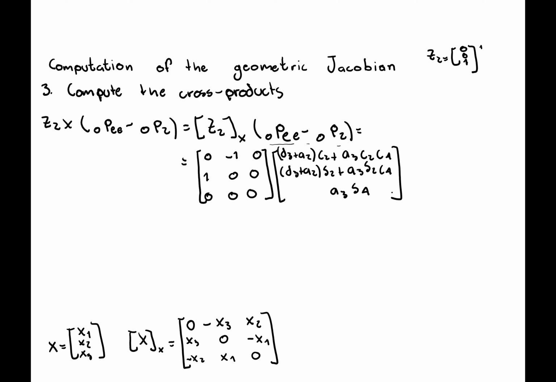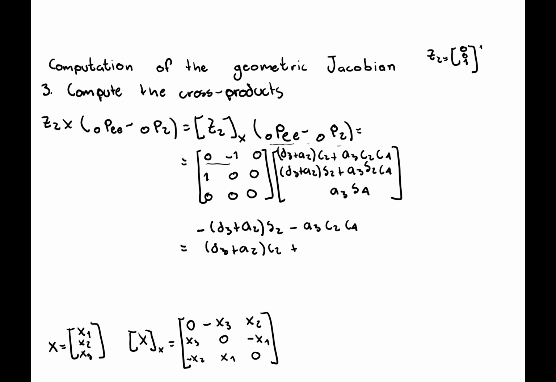Okay, and in the end, the result of this multiplication is minus d3 plus a2 times sine 2 minus a3 cosine 2 cosine 4, then d3 plus a2 cosine 2 plus, remember it's just this times this, this times this, this times this.